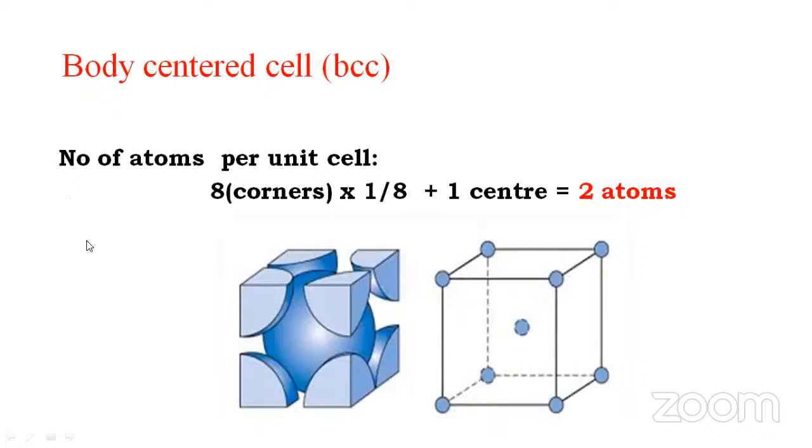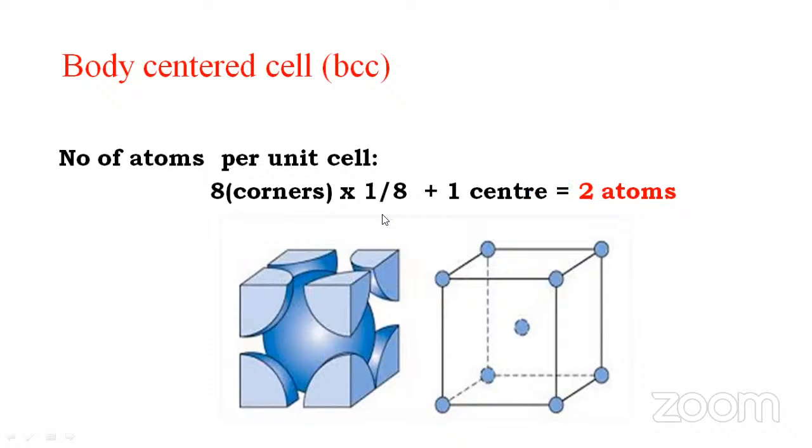Now coming to body centered. I said that corners are common in every unit cell. This is common, so its contribution is 1 atom, and one more atom is present at the center. You can see here, one total atom is present in the body center.